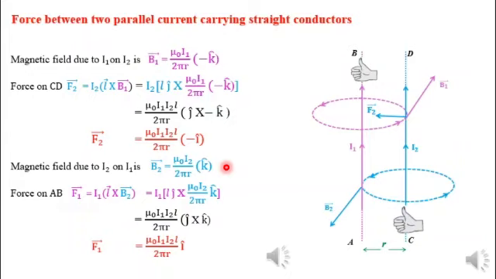So the expression of the force becomes mu 0 I1 I2 L divided by 2 pi r into j cross k. Since j cross k is I, F1 equals mu 0 I1 I2 L divided by 2 pi r into I cap. Since the unit vector of F1 is I cap, F1 acts along plus x direction.